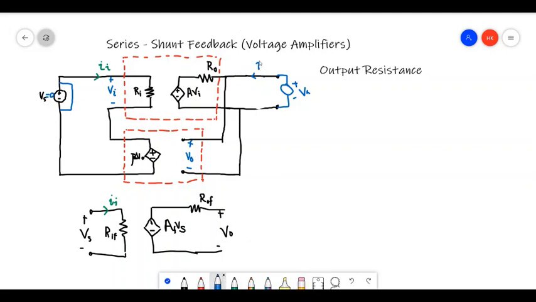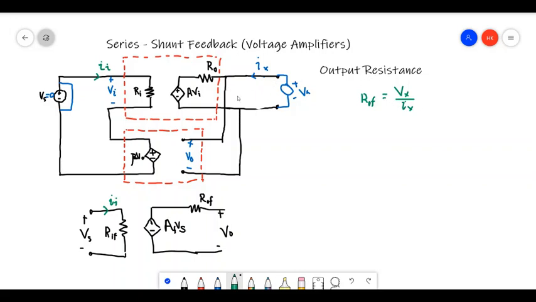So our output resistance will be given by Vx divided by Ix. So this is how we are going to do it.